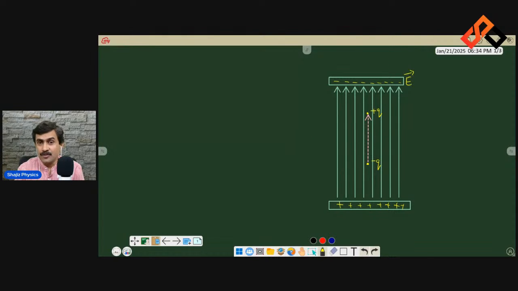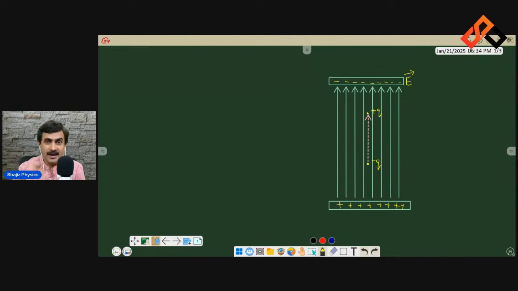We are considering a uniform electric field, and a dipole is placed in it. What is a dipole? As we know, a dipole is two equal and opposite charges separated by a small vector distance. We have learned about this concept starting from first year chemistry onwards.